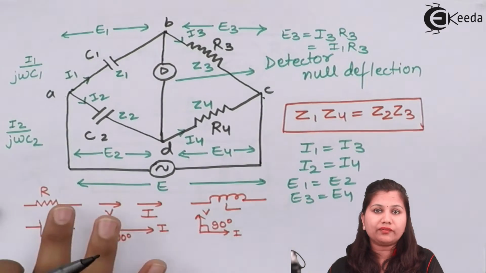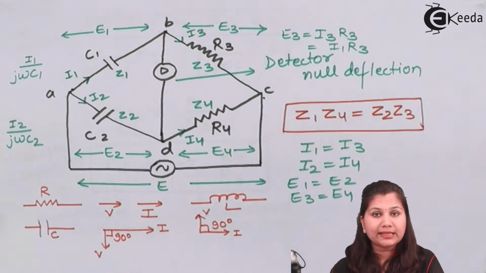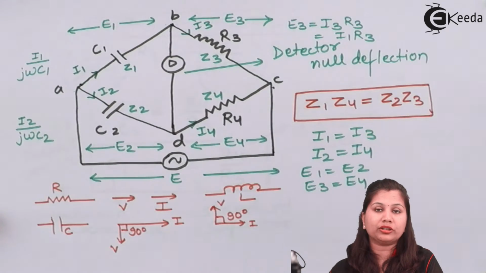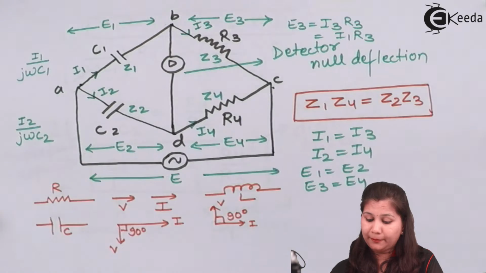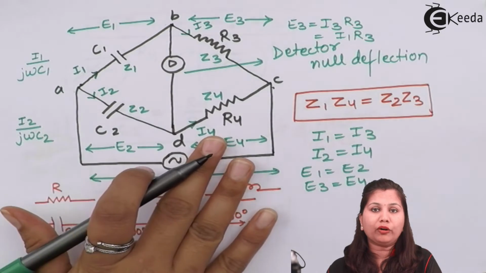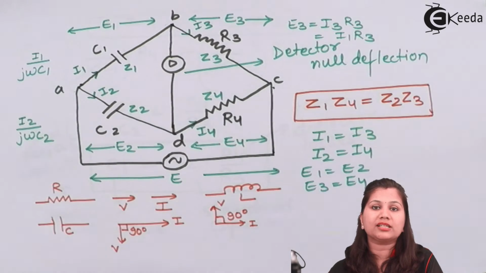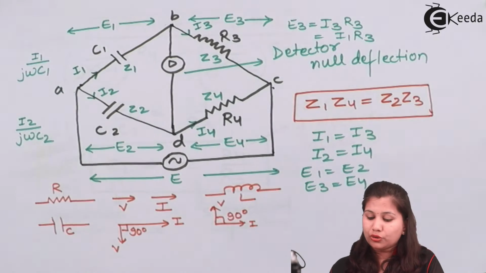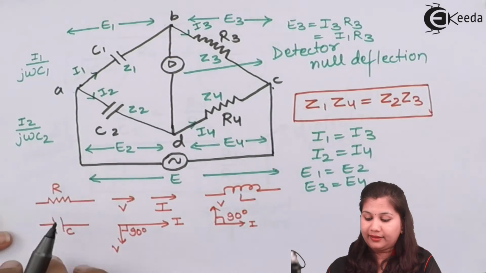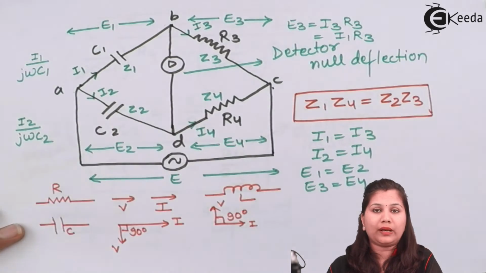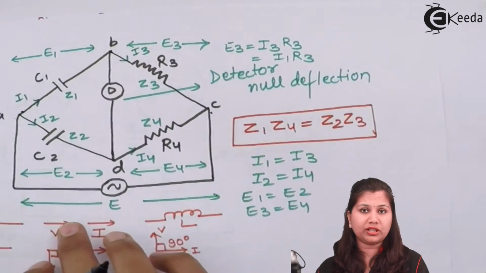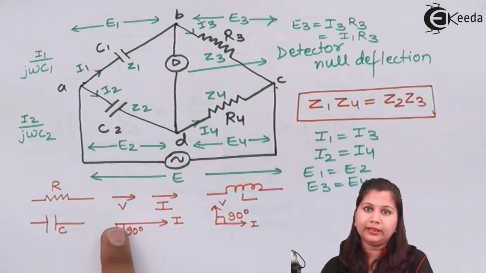The advantage of this bridge is that it is very simple and we can easily measure the capacitance of ideal or perfect capacitors. But if we use the same circuit for an imperfect capacitor, it will give inaccurate results. So some modifications are done in this bridge, and that bridge is known as the modified De Sauty bridge, which can measure the capacitance of imperfect capacitors. Let us now study the modified De Sauty bridge.